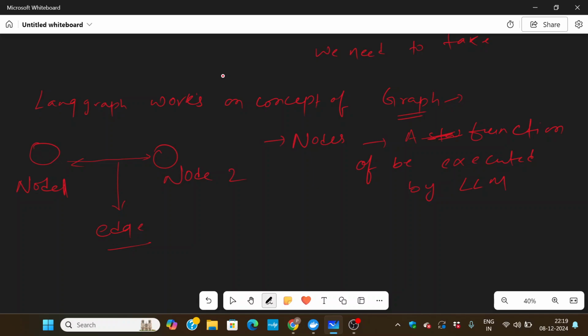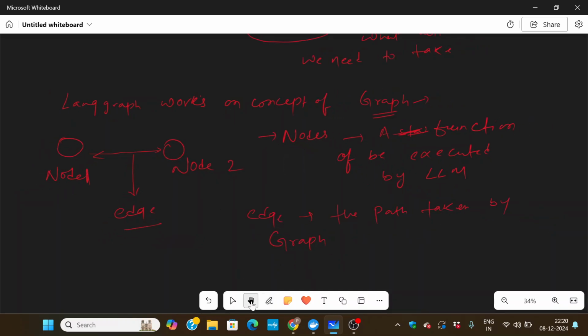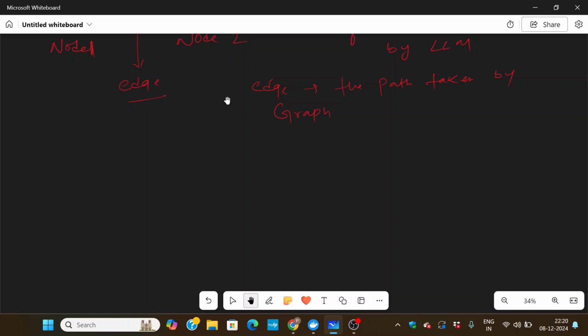Now, an edge is the path taken by our graph.